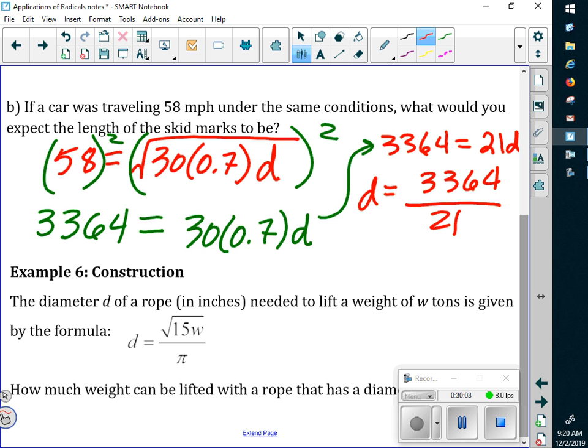What's D? I hear a 160. Do I hear anything else? Got another 160. Okay, I see three 160s. Anybody else? Anybody get anything different?